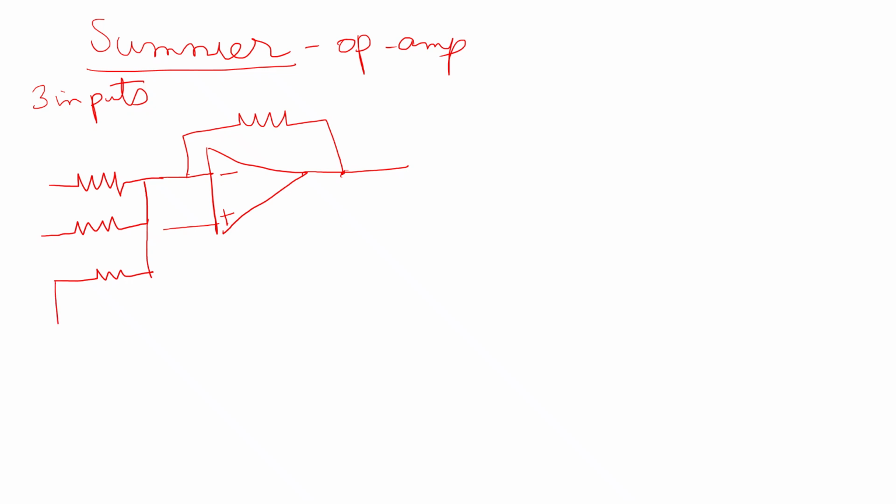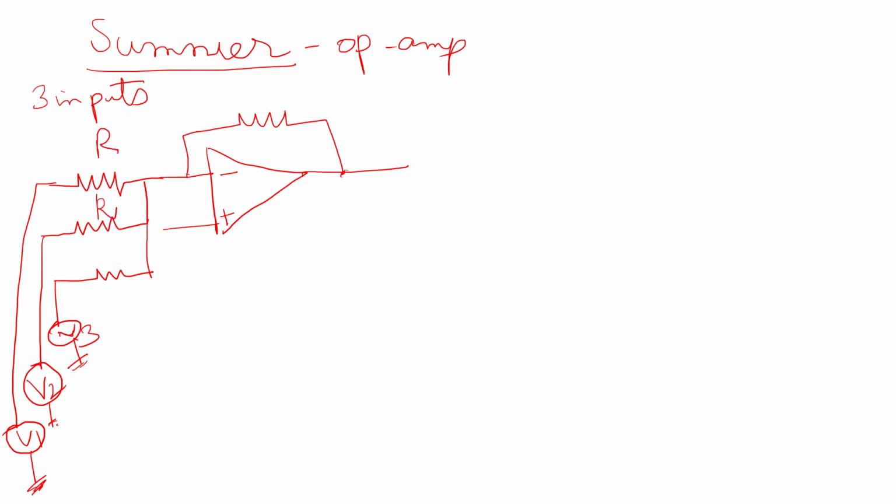So we are feeding in 3 input voltages, V1, V2, V3, with resistors of all equal values, hence I have named them R.